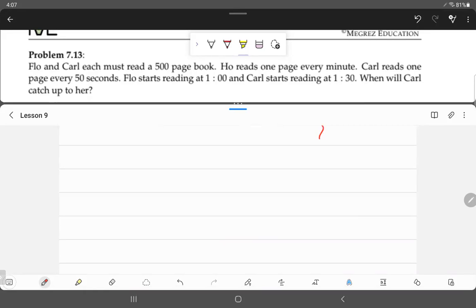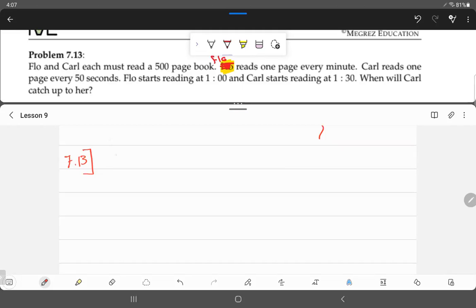Flo and Carl each must read a 500-page book. Let's say Flo. Flo reads 1 page every minute, right?